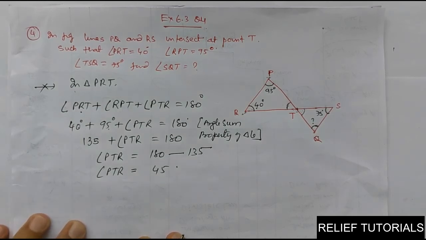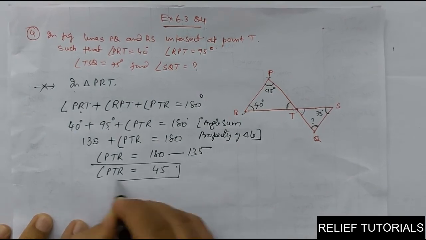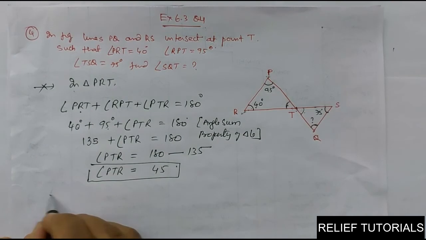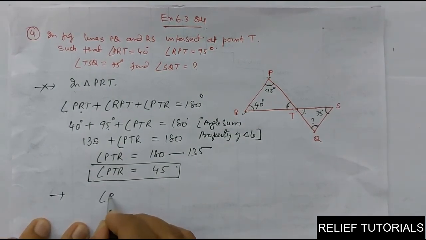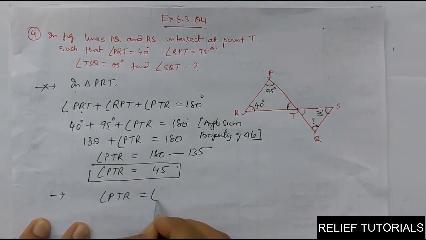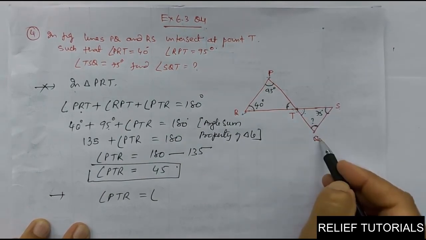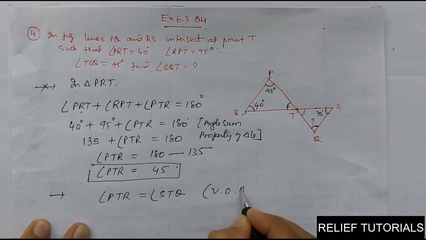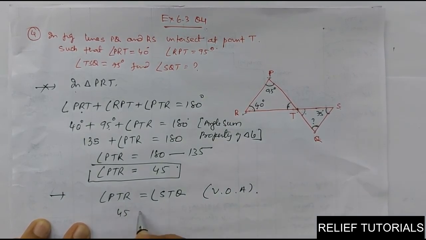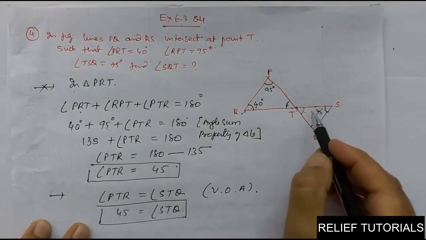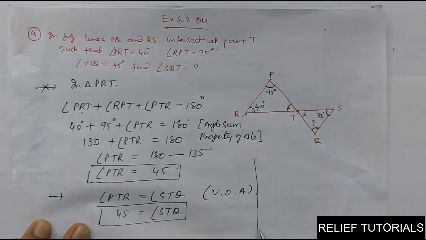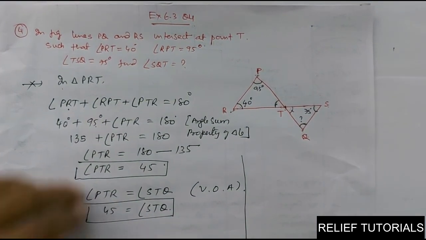Clear? So we got this PTR, this 45. So this is also 45. Now we can say angle PTR is equal to angle STQ. Reason, vertically opposite angles. But PTR is 45, so that is equal to angle STQ. So we got STQ. Now in this triangle we have two angles, so we can find the remaining third angle.